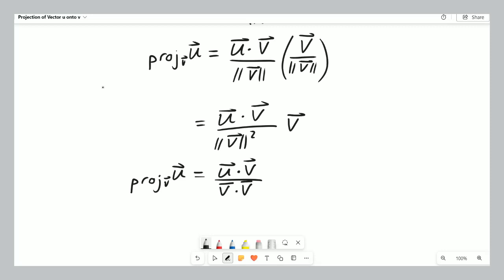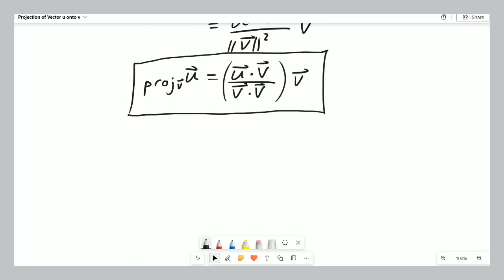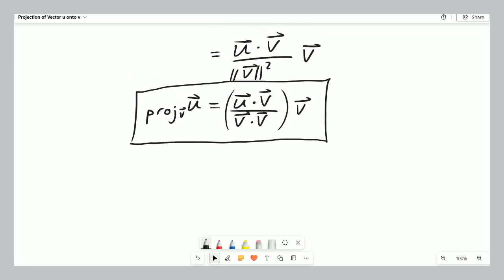So we have u dot v divided by v dot v, multiplied by vector v. And that is the formula for the projection of u onto v. It's that simple.